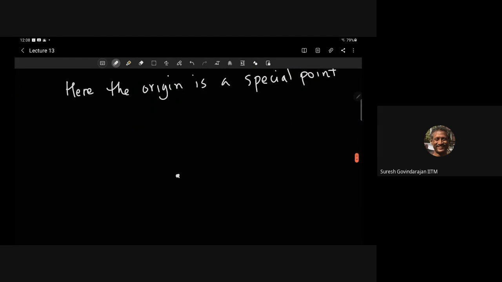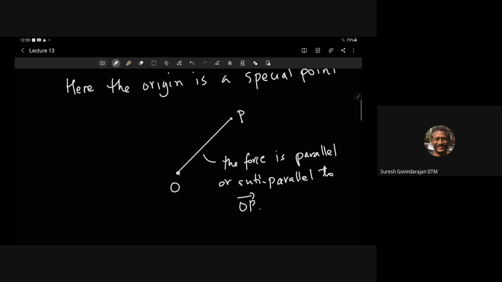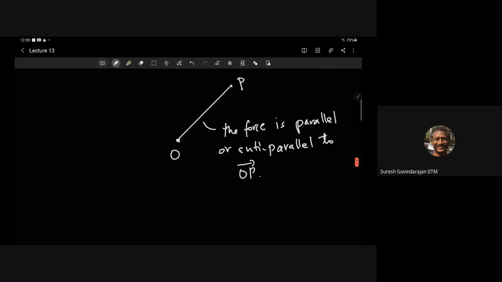If it's the origin and P is some point of observation, an arbitrary point, you join O and P. The force is parallel or anti-parallel to OP. If it's anti-parallel, that means it goes from P to O, it's attractive, and it's repulsive the other way from the origin. So the origin is a preferred point.